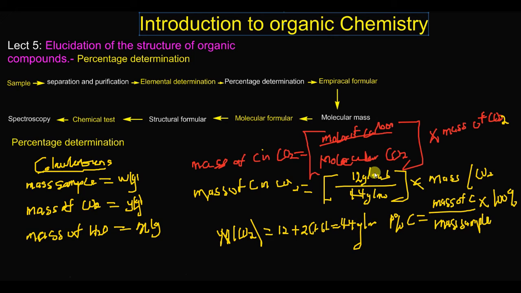You just express the molecular masses of the atom to the carbon dioxide as a fraction and multiply it times the one produced in the tube, and then you continue with the mathematics. The mass you get from here, divide it by the mass of the sample, that is W, and times 100. And then you are good to go to find the percentage.